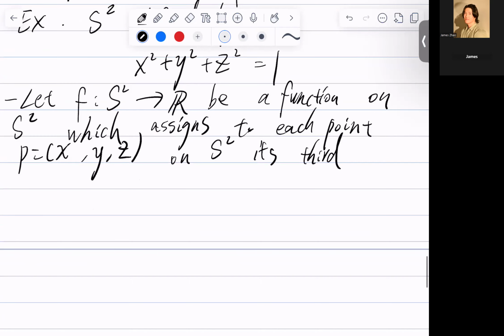So we're just basically giving it the height. Does that make sense? It should.